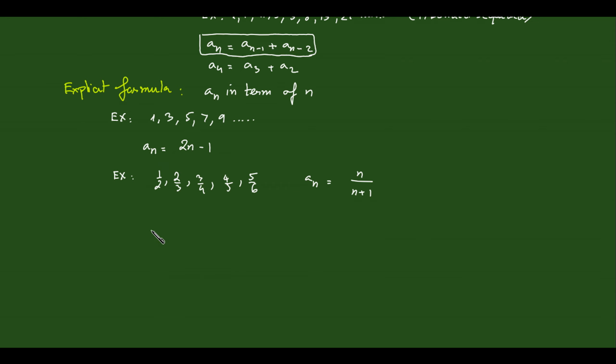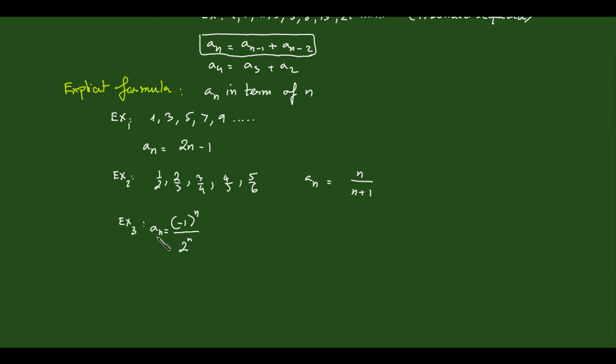Or you can have some explicit formula like this: a sub n equals -1 raised to the n over 2 to the n power.